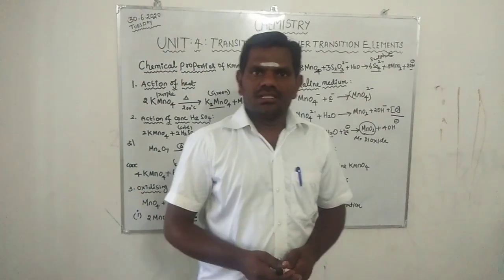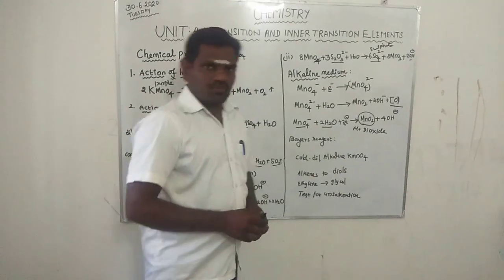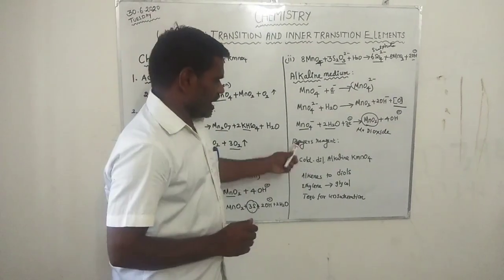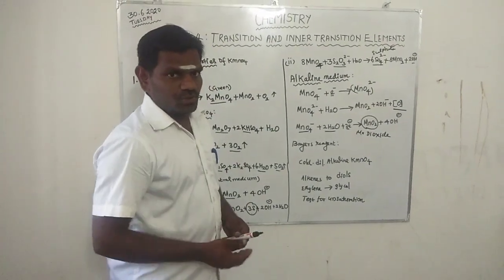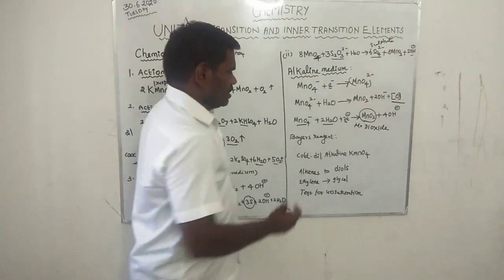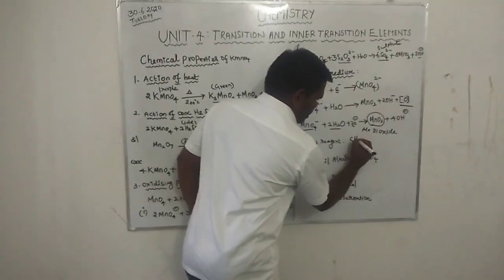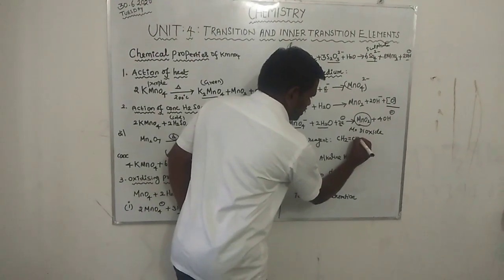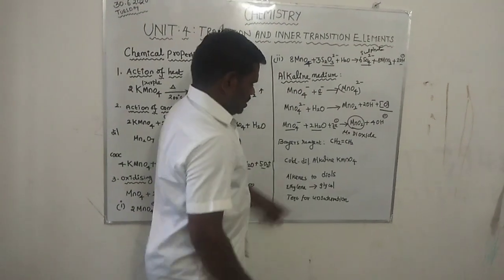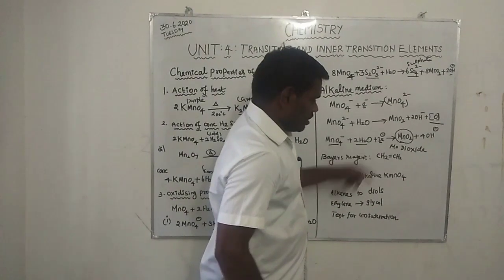Bayer's reagent is cold dilute alkaline potassium permanganate, which is used to convert alkene into diol. Students, example for alkene, CH2 double bond CH2, with Bayer's reagent undergoes oxidation.